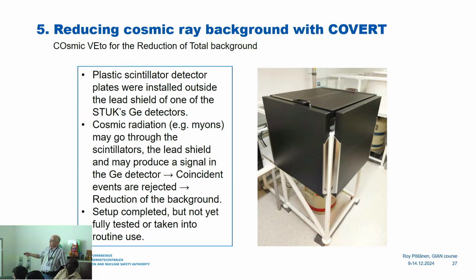And we reject the gamma signal if we have a signal in one of these scintillation detectors. So this system is also operating in list mode. This setup is already completed. It's not yet fully tested, so I will not show any pictures of that.